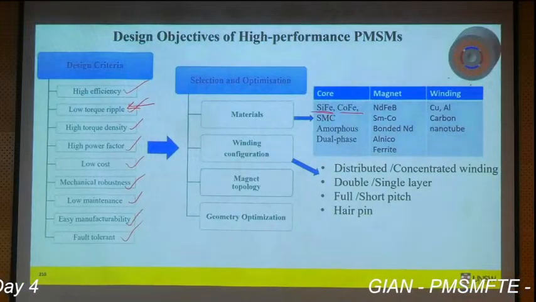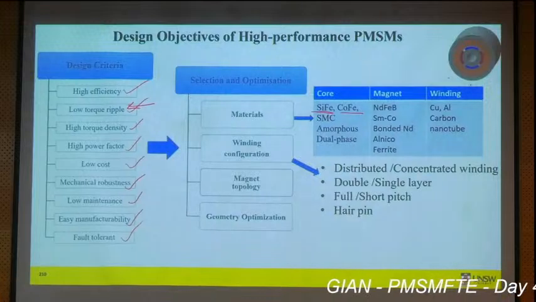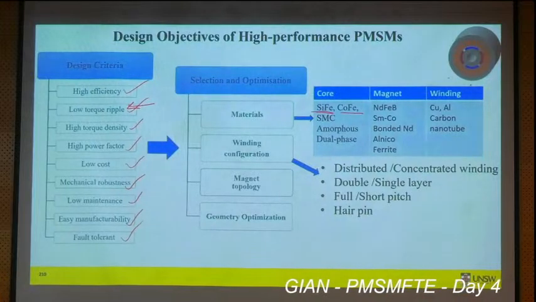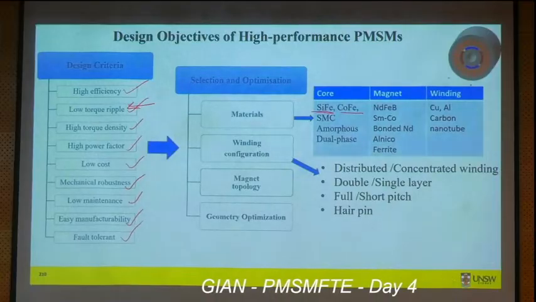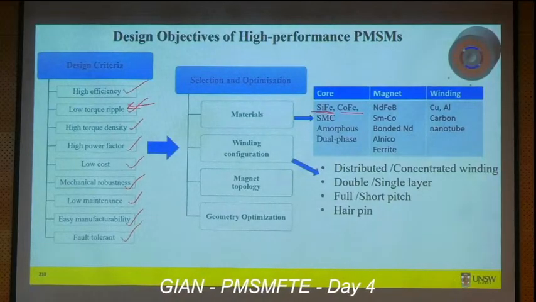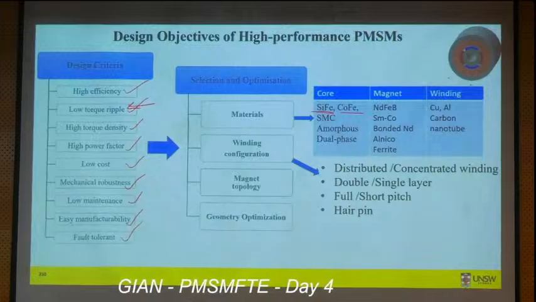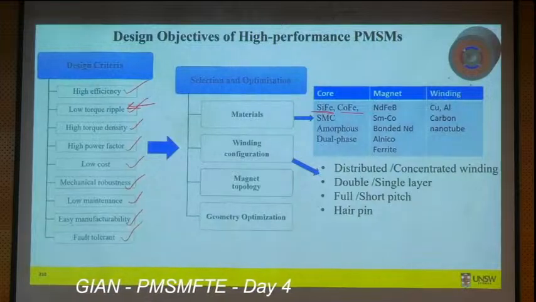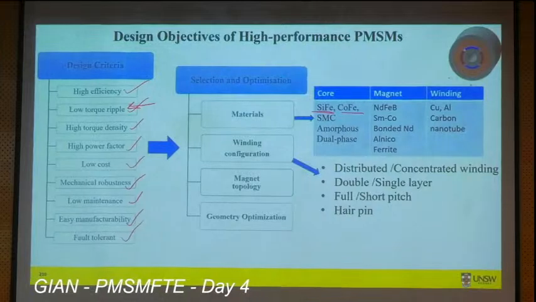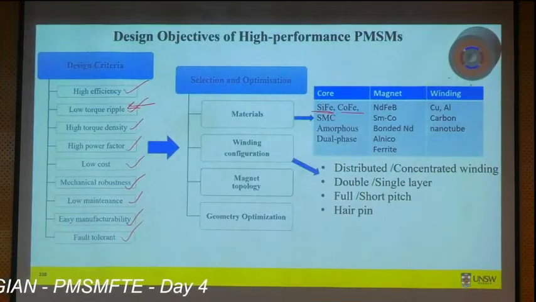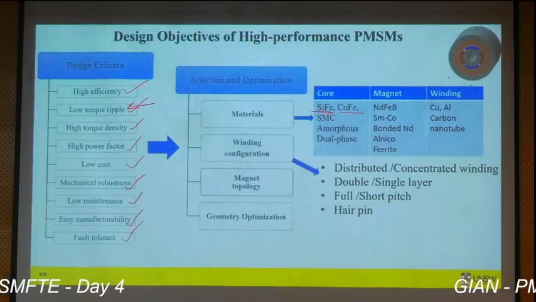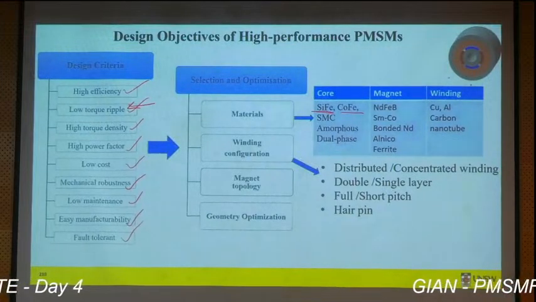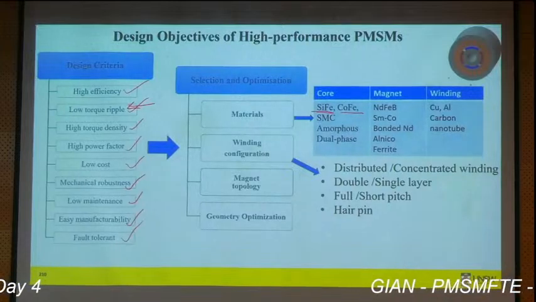We could also use soft magnetic composite, SMC, but then SMC has a problem with manufacturability. Okay, so when you design it, you must also consider whether it will be easy to manufacture or not if we are using SMC. And SMC offers a lighter core, low core loss, but lower magnetic saturation.